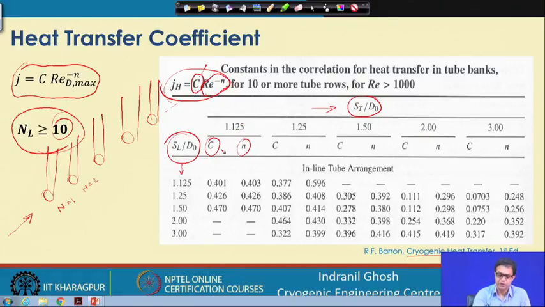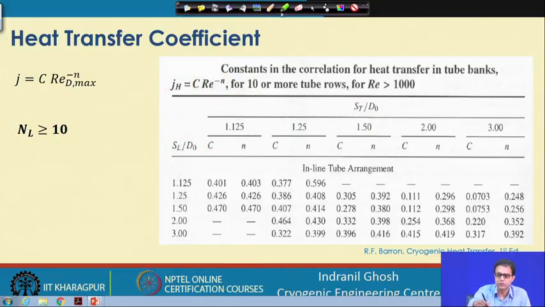It is not necessarily that S_L by d_0 will come as 1.125 or S_t by d_0 will come as 1.25 or 1.5. So, depending on the problem, we may have to interpolate some of the numbers.